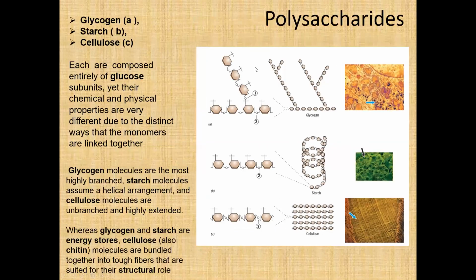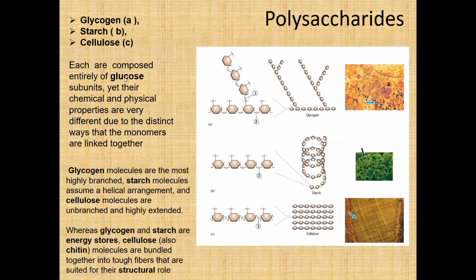As for polysaccharides, we must remember at least three representatives: glycogen, starch, and cellulose. A very astonishing fact is that all these three polysaccharides are built from one type of monomer.